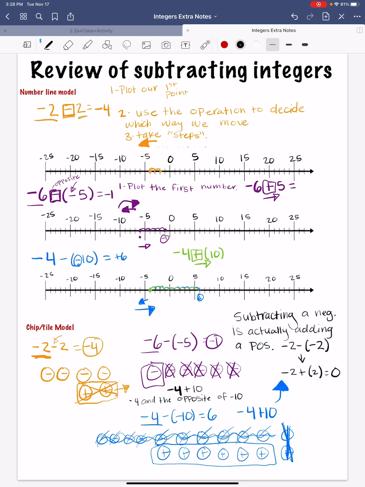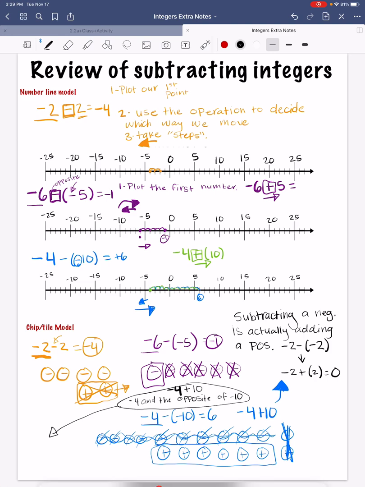And then we would have drawn 4 negatives and 10 positives. Okay, we're going to redraw those. Hold on, guys. I just don't want it to be confusing when we cancel them out. So we're going to draw this over here.